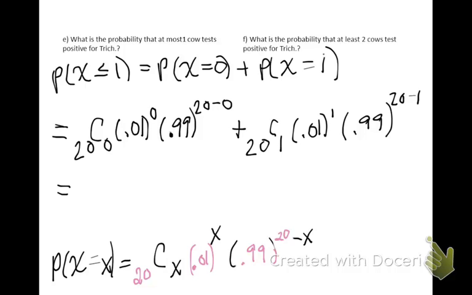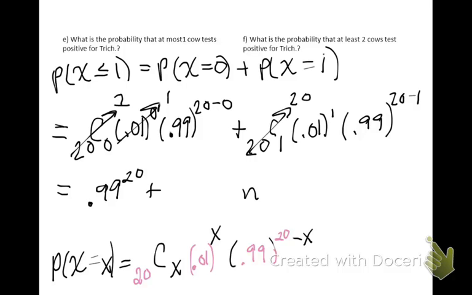20 choose 0 is 1. As a matter of fact, n choose 0 will always come out to be 1, no matter what n is. 0.01 to the 0 power is 1. Anything to the 0 power is the value 1. So the probability that x equals 0 is actually just 0.99 to the 20th power. 20 choose 1 is 20.